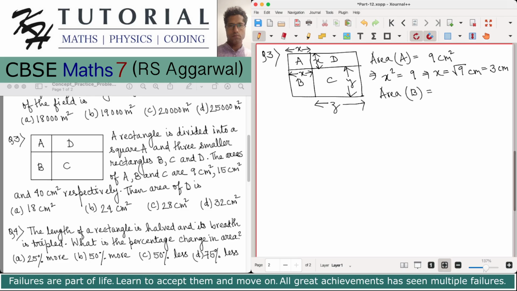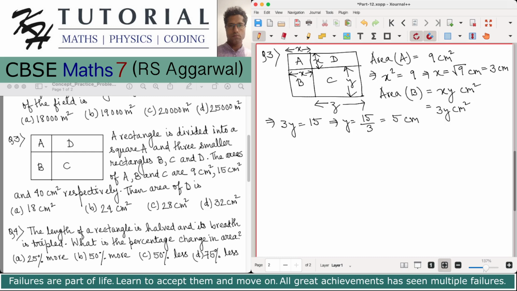Area of B will be xy centimeter square, which is equal to 3y, as x is 3. Area of B is given to be 15, so 3y is equal to 15. So y is equal to 15 by 3, which is 5. So y is 5 centimeter.